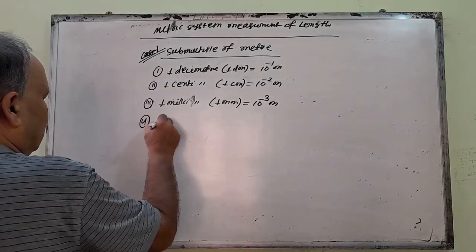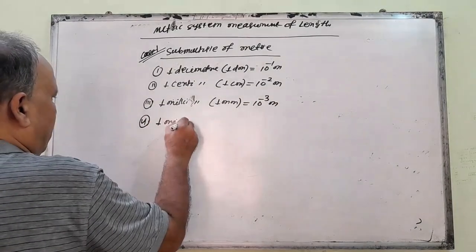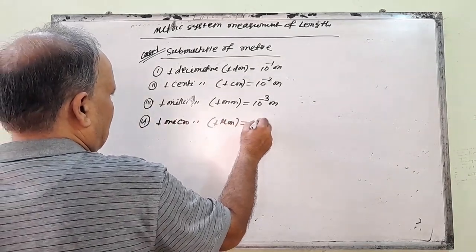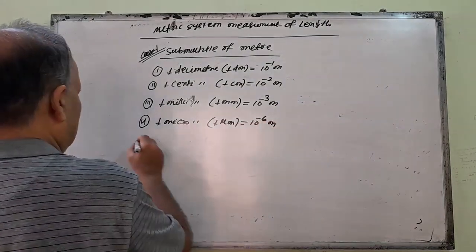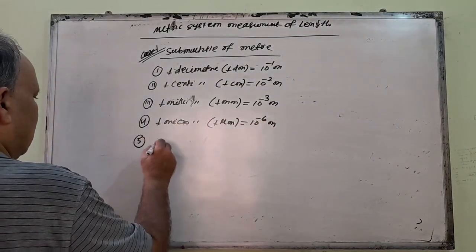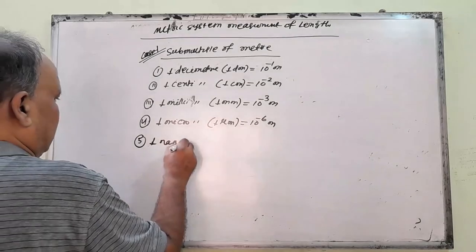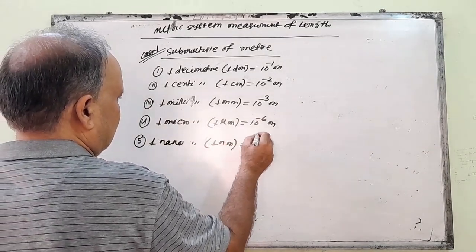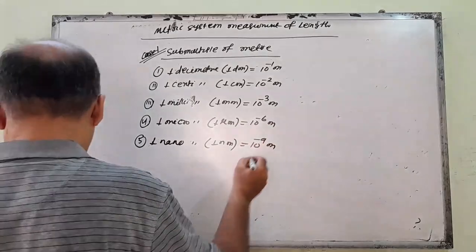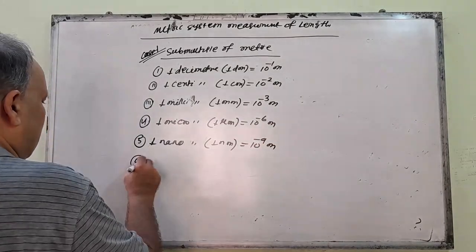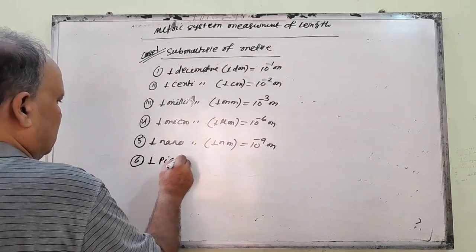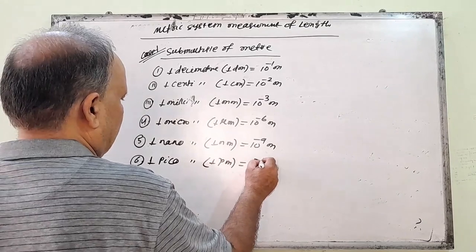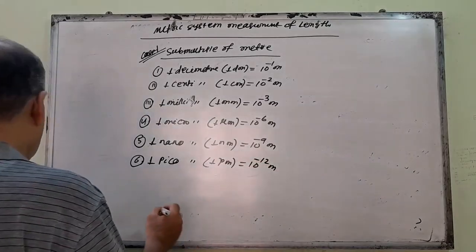Fourth one is 1 micrometer, that is 1 μm, equal to 10 to the power minus 6 meter. Fifth one is 1 nanometer, 1 nm, equal to 10 to the power minus 9 meter. Sixth one is 1 picometer, that is 1 pm, equal to 10 to the power minus 12 meter.